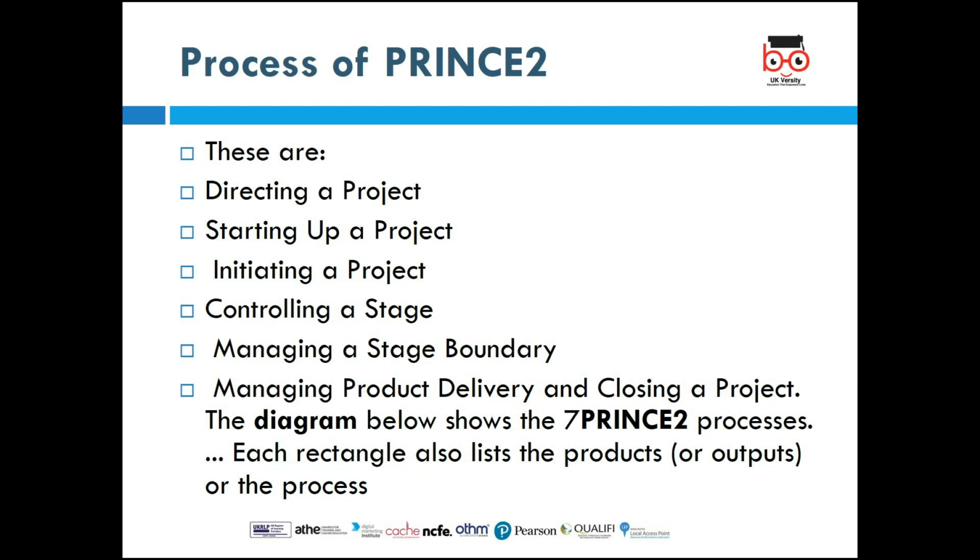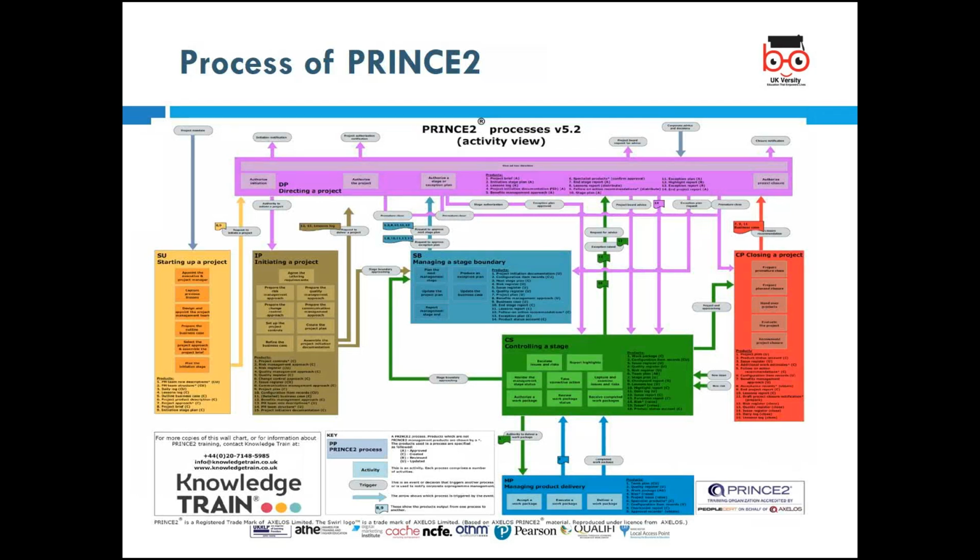Right. The diagram we're going to show in the next slide demonstrates the 7 processes that we're talking about in Prince2. And each rectangle also lists the product or output of the process. So let's look at the diagram we're talking about.